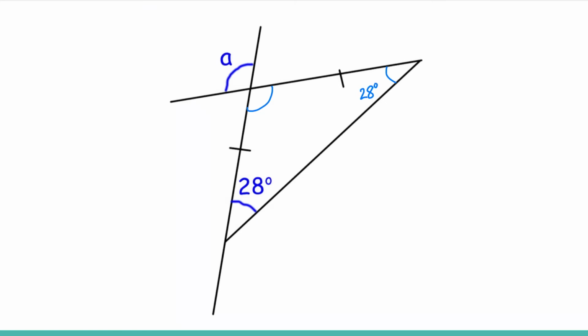I know that that is going to be 180 minus the 28, add the 28. So that's 180 minus 56. So that would be 124 degrees. And then because of the opposite angles, we know that these are the same, and therefore A is also 124 degrees.